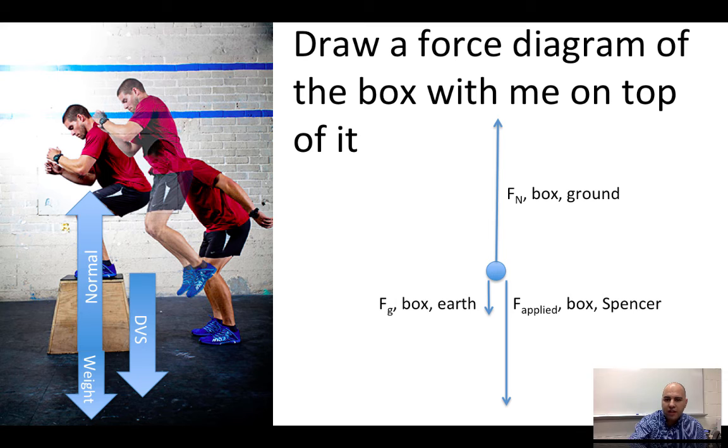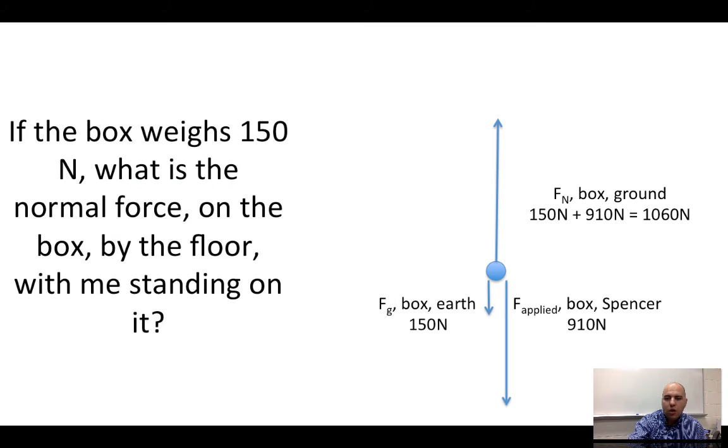Well, if that's the case, what are we going to do here to figure out what the normal force is? So let's say that we know that the box weighs 150 newtons. And we want to figure out what's the normal force acting on the box by the floor with me standing on it. Well, once again, we have the weight of the box going down, and we know that this is 150 newtons.